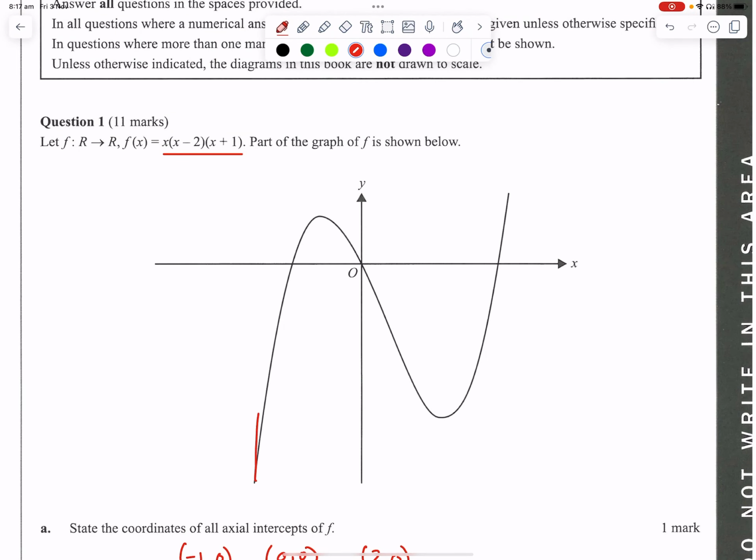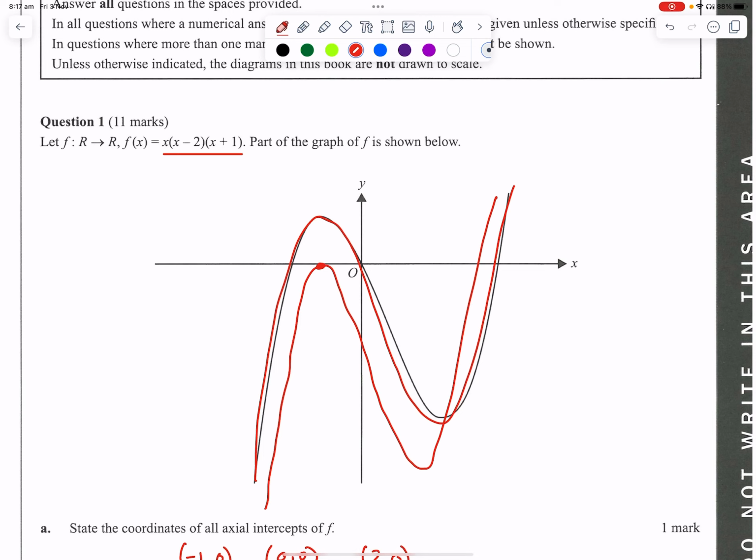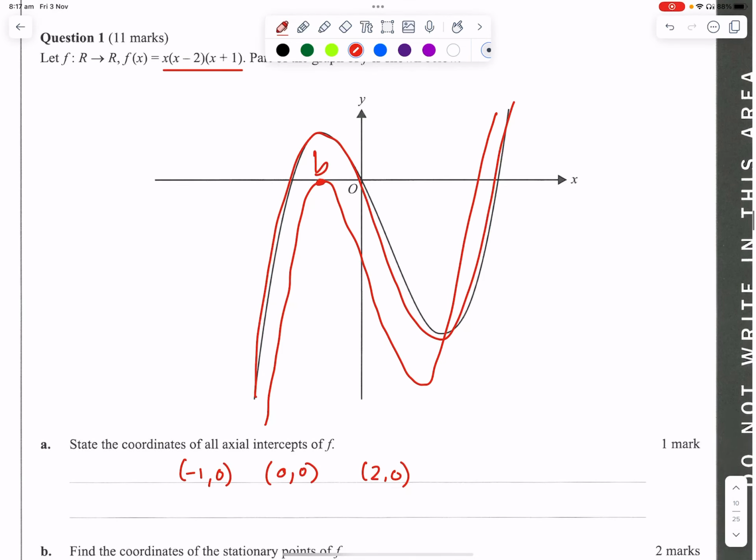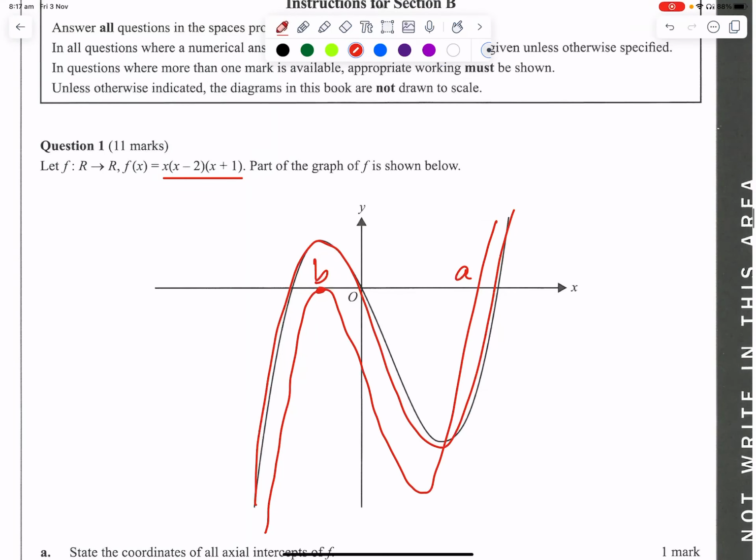So if we were to grab that graph, and then we moved it down, that would be b, and that would be a. Or, if we moved it up, that would be b, and that would be a.